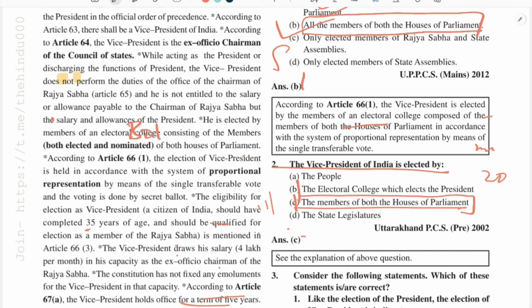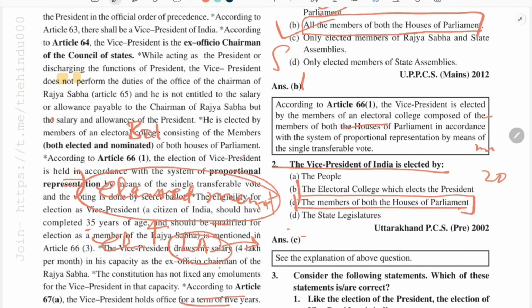But there is a difference in the president's electoral college, because there only the elected members of both houses of parliament participate in the election, plus the elected members of legislative assemblies, the legislative assemblies which are present in the various states.